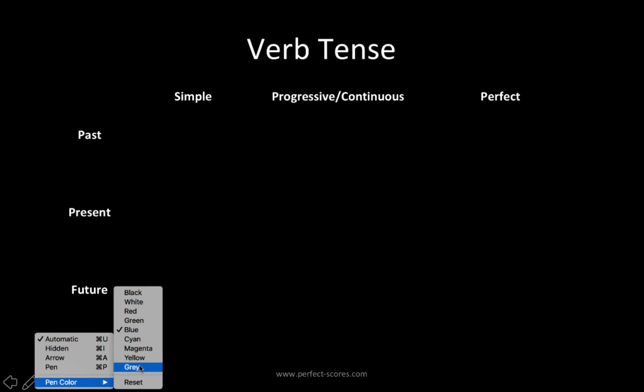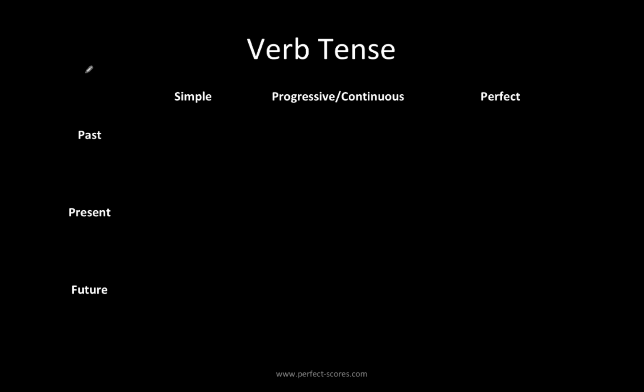All right, so let me just change the color here. Okay, so the verb that we were going with was provide. So the simple tense, let's just focus on the simple right now. The simple is the most basic form of the verb. So for example, the simple past. You can have variations like he provided, they provided, I provided.